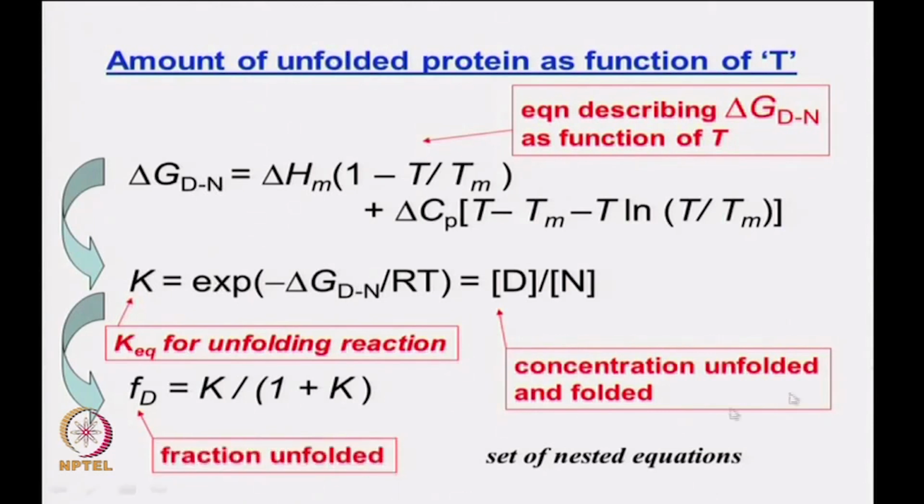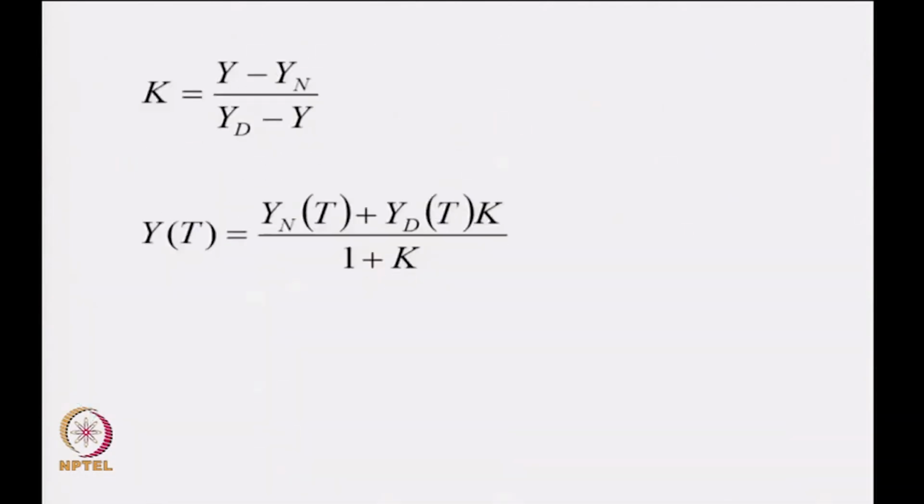Now, here if you see at the bottom, all these three equations are referred to as a set of nested equations. You know what happens in a nest? Nest means you have everything together, right? You have this mesh. So, these are nested equations, means all these equations are related to each other in some sense or the other, through observable parameters. Next, what is k?